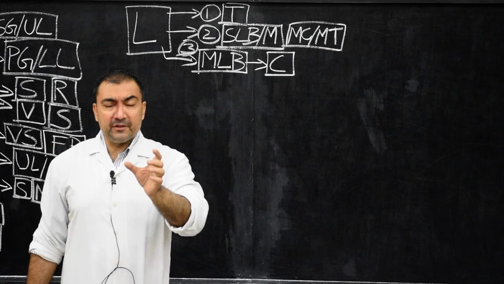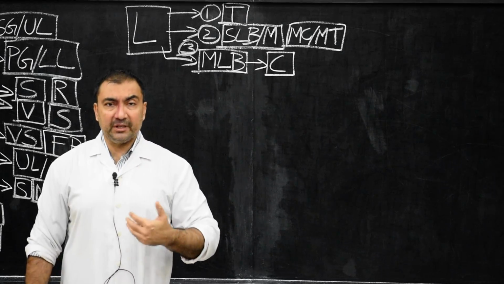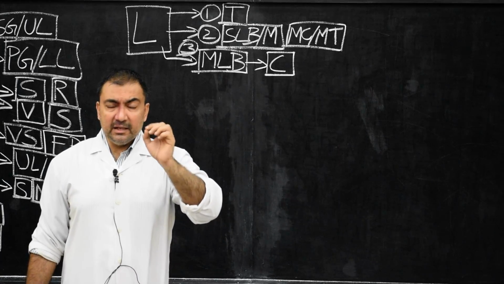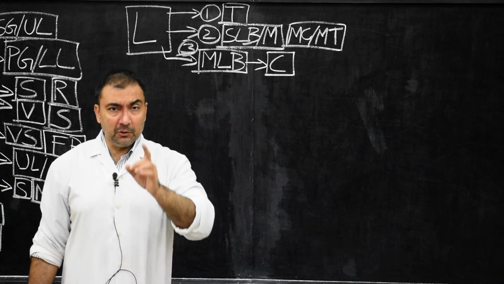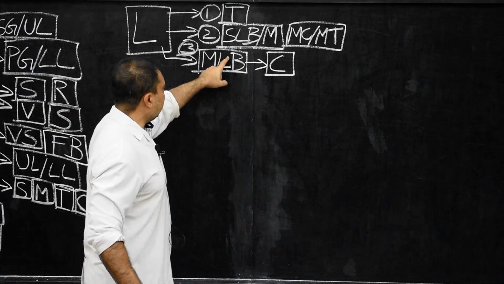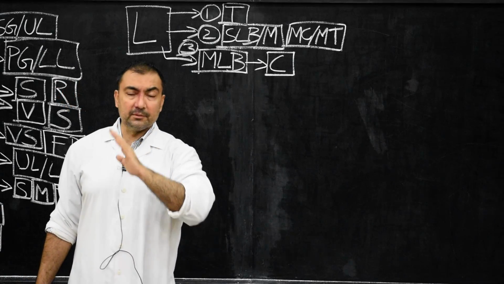It transmits the weight from the upper limb to the axial skeleton, and it has many other features of a long bone. Therefore, clavicle is placed under the category of a modified long bone.